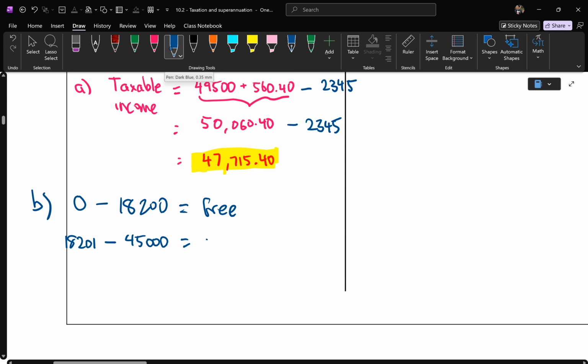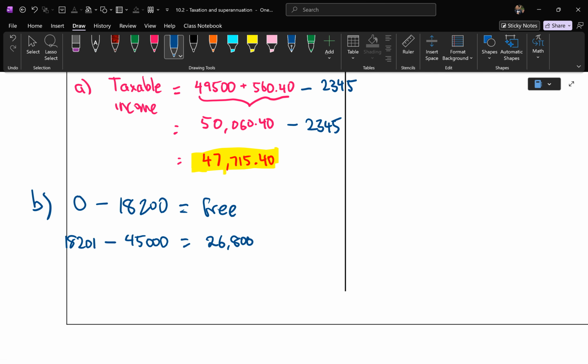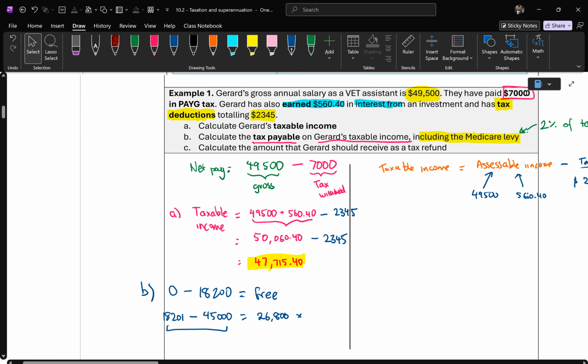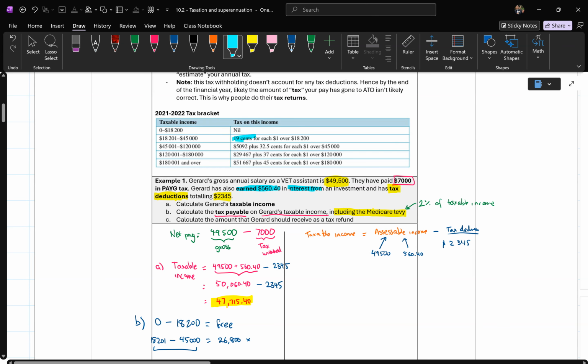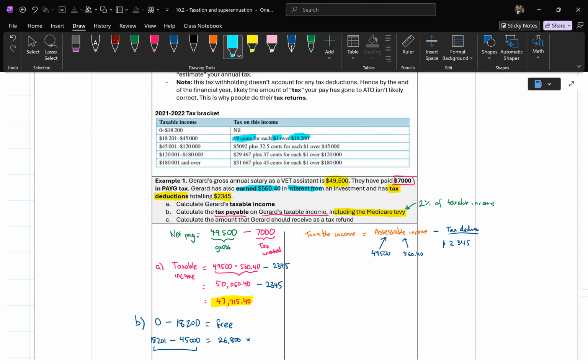So here we go. $26,800 from here to here, because that's how much you've got. So from $18,200, you got $26,800 extra. Times, now the table says 19 cents. Can you see that? It says 19 cents for every $1 over 18,200.